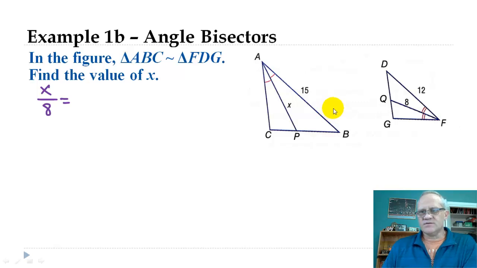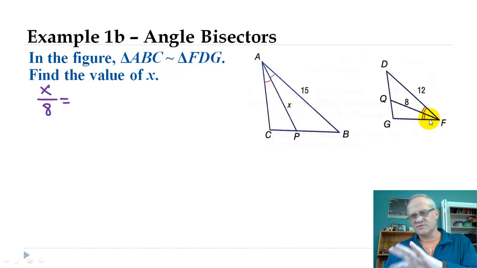Now, in this case, there's only two other numbers, so we know it's got to be the 15 and the 12. But why does that work? Remember, the two angles that were split off here by the angle bisector match up with this, and this would kind of flip up and around. Actually, let me say it this way, this might be easier.